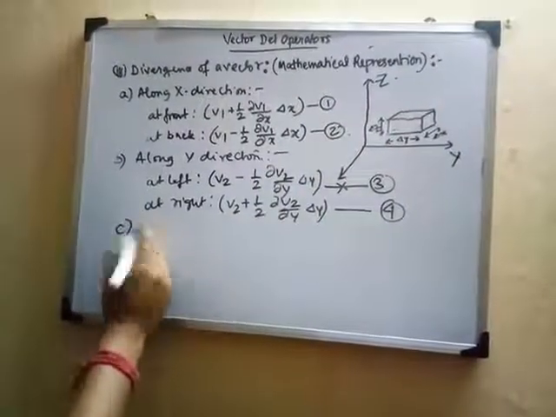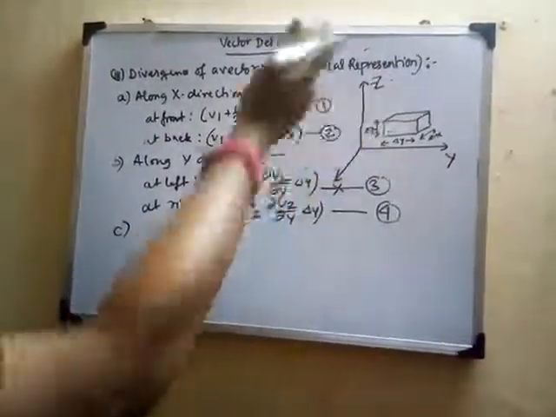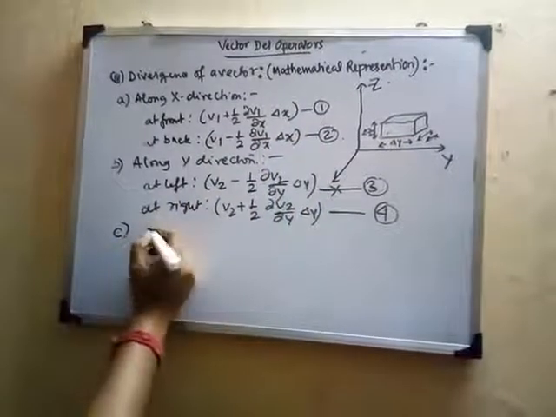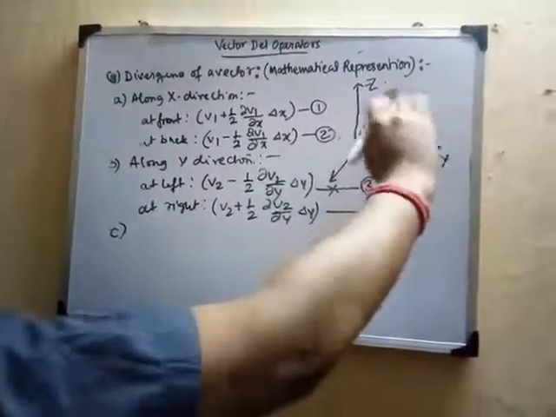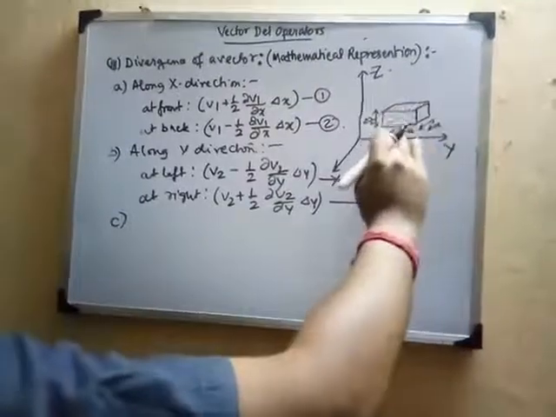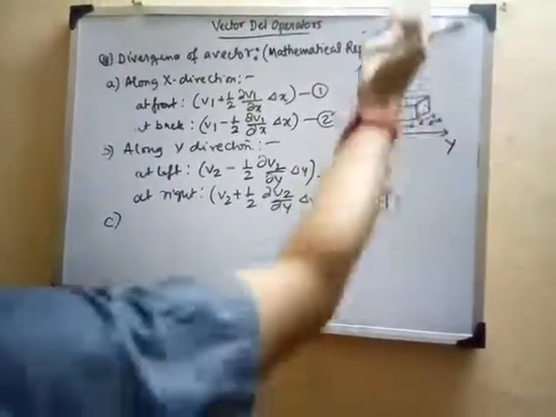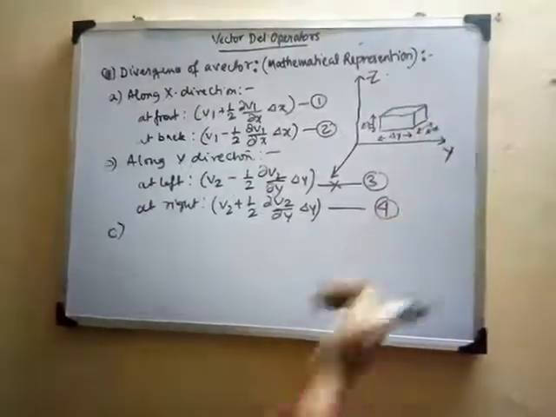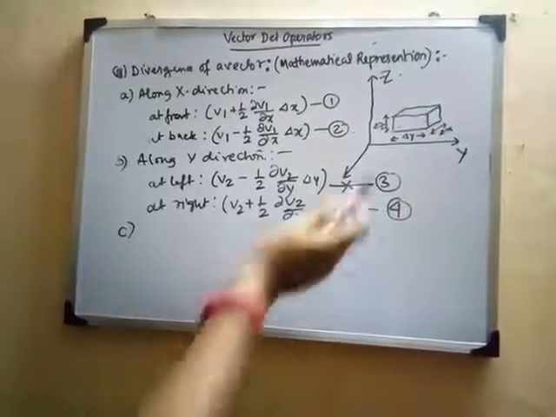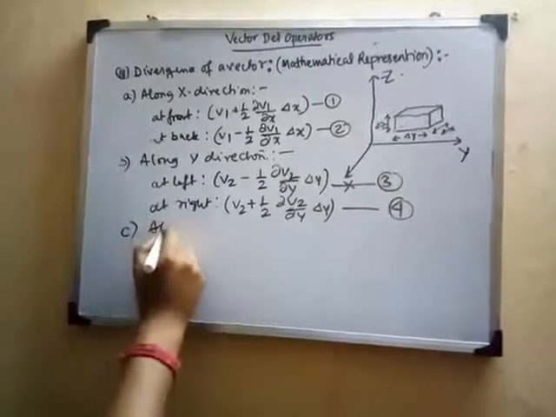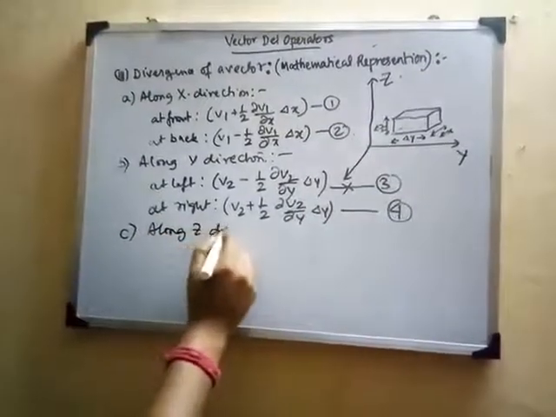Let us now calculate what is happening along the z direction. Only the z direction is remaining. The top part is one z direction, and the bottom part is another z direction, the top part going upward and the bottom part going downward. These are the components in the z direction.